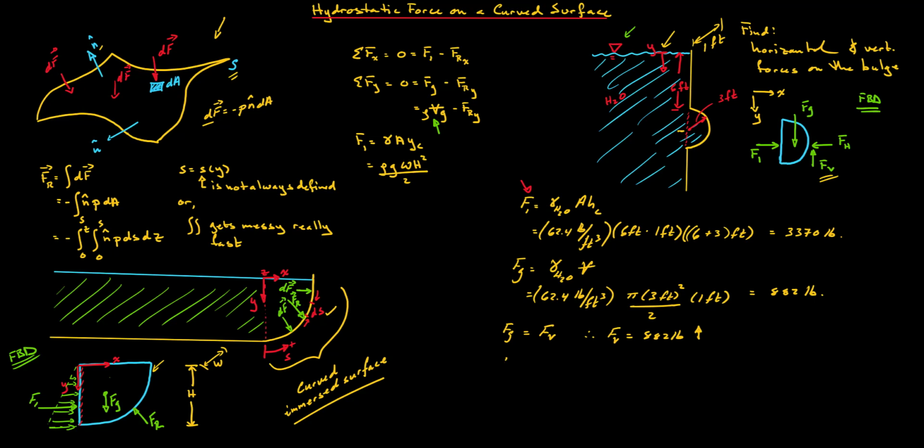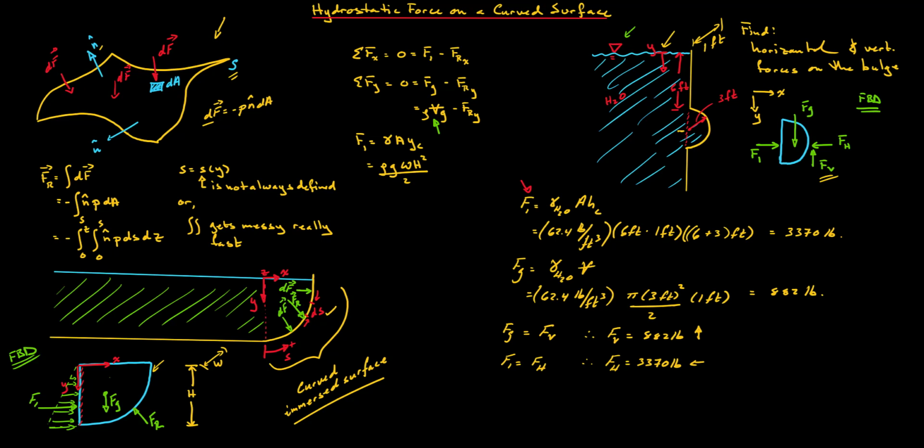Similarly, F1 should be equal to Fh. Therefore, Fh is equal to 3,370 pounds and acting to the left. So note, however, that the above values and directions were obtained from a free body diagram of the forces on the fluid volume. However, we are asked to find the force due to the fluid on the curved surface.